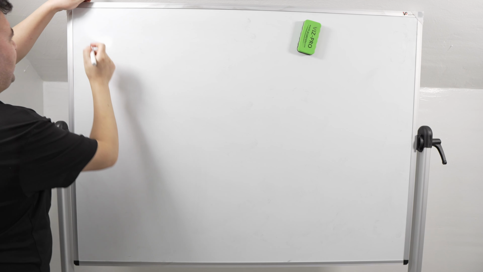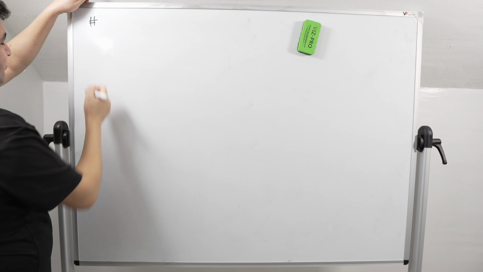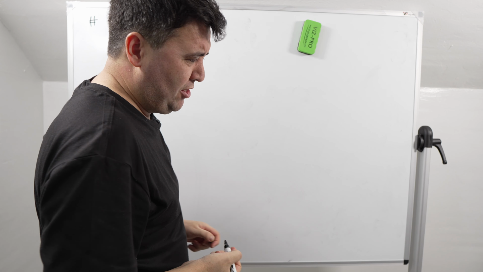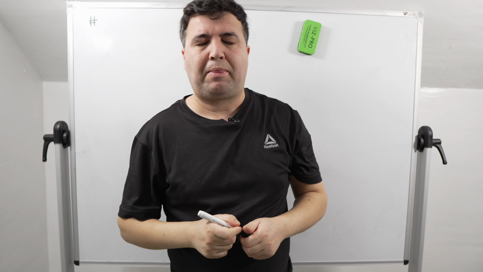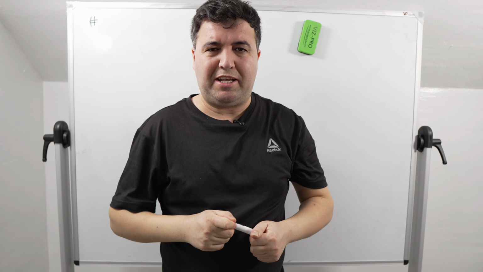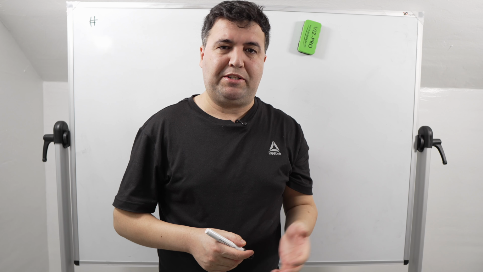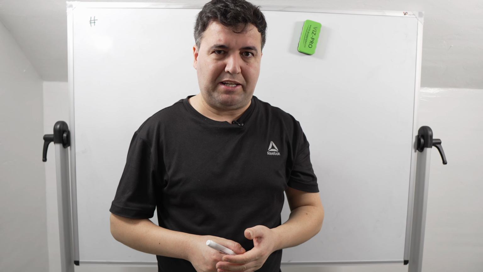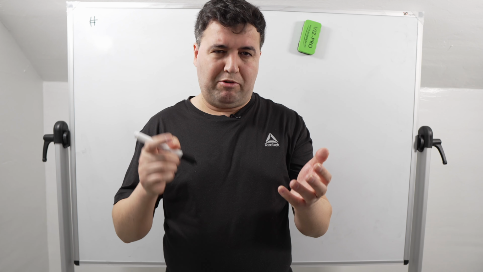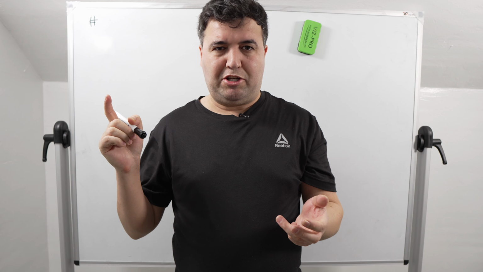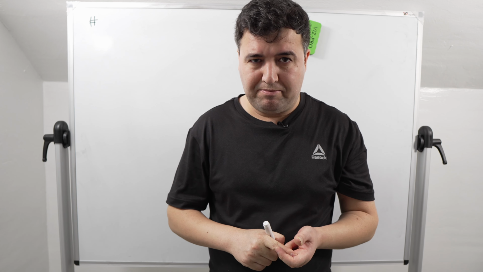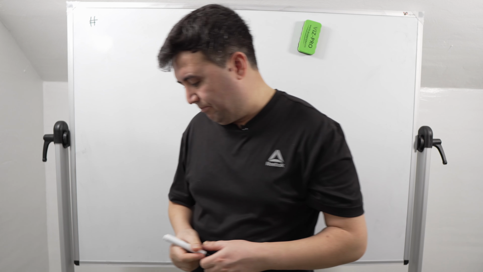I write a program which asks the user to enter a number, and then using if, else if, else, we check whether that number is positive, negative, or equal to 0. So we have more than one condition: we check for positive, for negative, and for equal to 0.